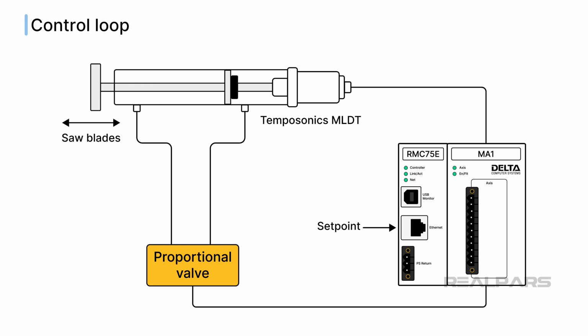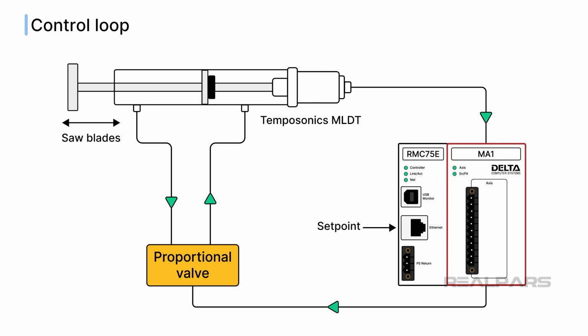When we put it all together, this is what we get. The Temposonic MLDT informs the controller of the saw position. The controller compares the actual position with the desired target position. The controller performs rapid calculations based on preset conditions and provides corrective action to the amplifier.